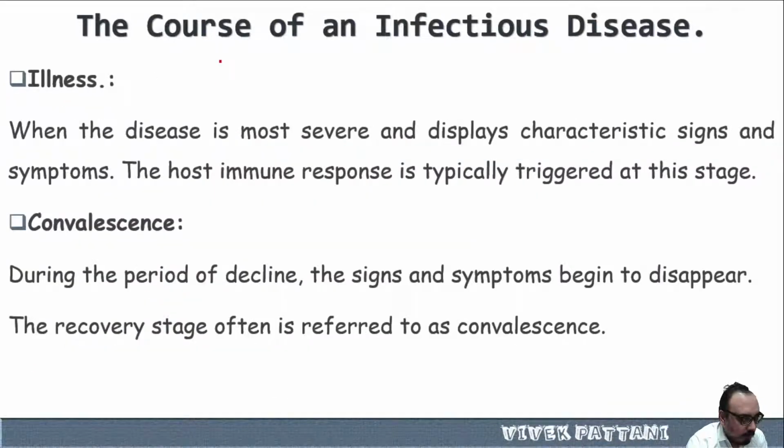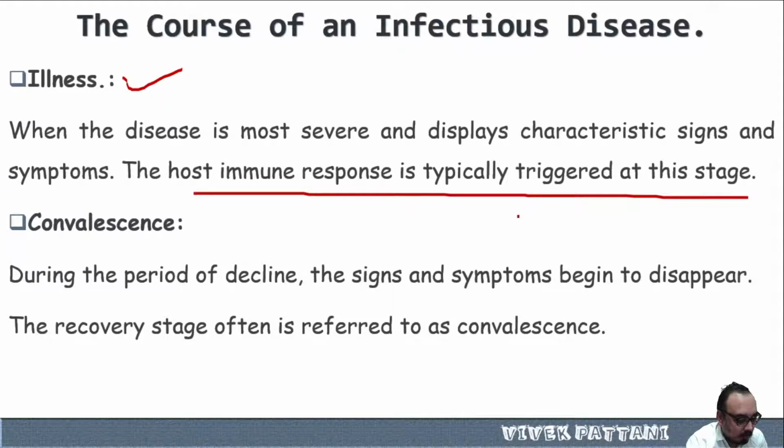Next comes the illness. This is when the disease is most severe, when it shows maximum signs and symptoms, and the host immune system is typically triggered and highly active at this stage of the disease.